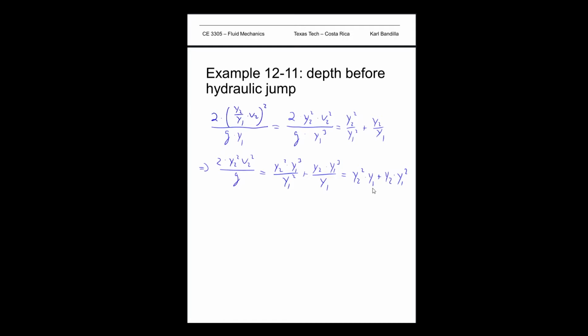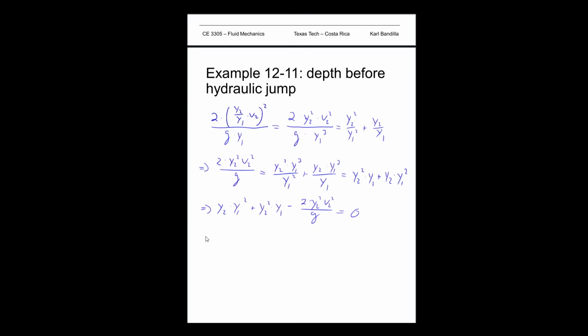All right, so we have a quadratic equation, and let's bring that into its normal form. We would get y2 times y1 squared, plus y2 squared times y1, minus this whole thing right here, 2 times y2 squared v2 squared divided by g, is equal to 0.